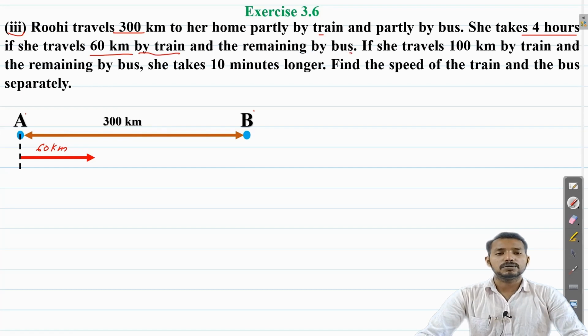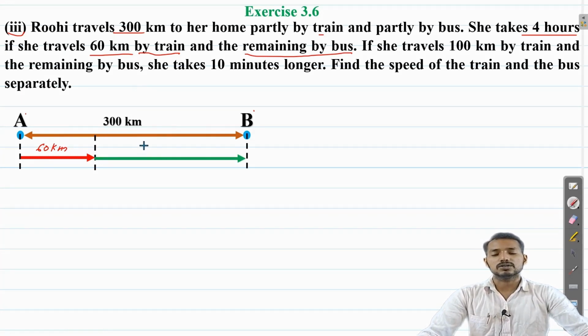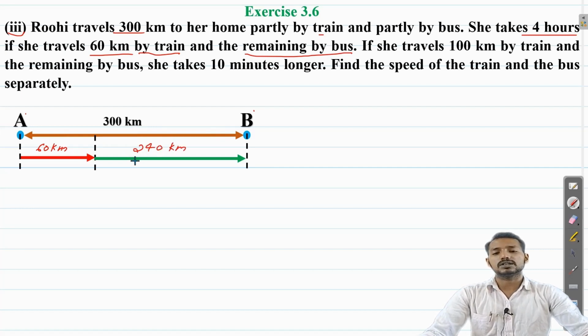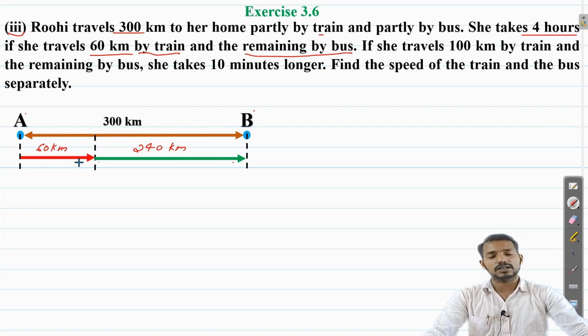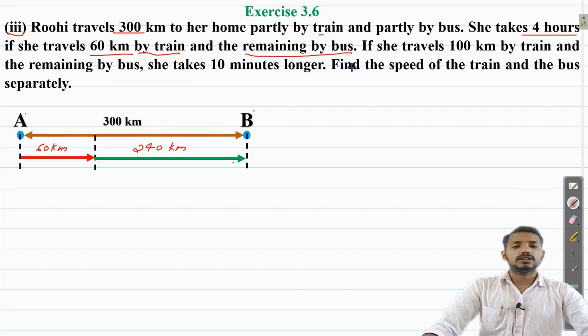And the remaining by bus. So what will be the remaining distance traveled by her? That is 300 minus 60, which is 240. So 240 kilometers will be traveled by bus. See, the red line represents the distance traveled by train and the green line represents the distance traveled by bus. So in total 300 kilometers takes 4 hours. What is the question here?